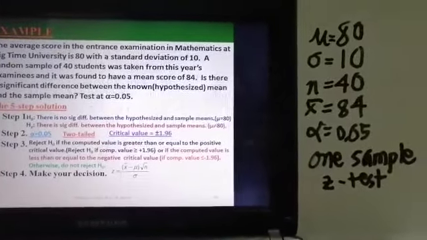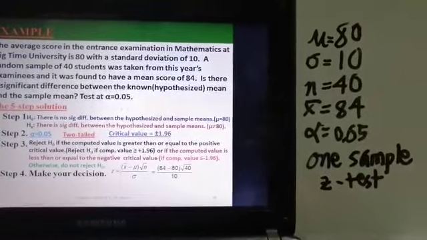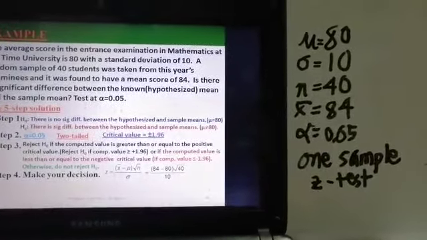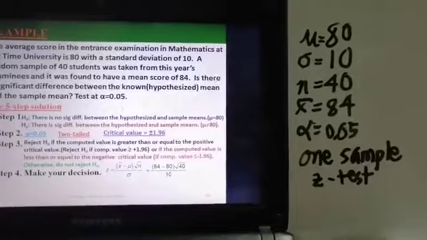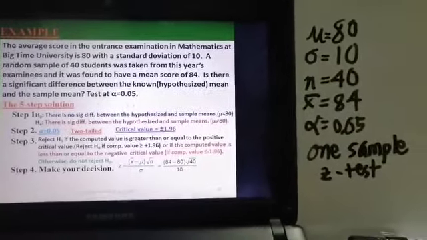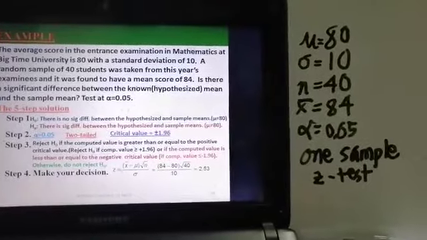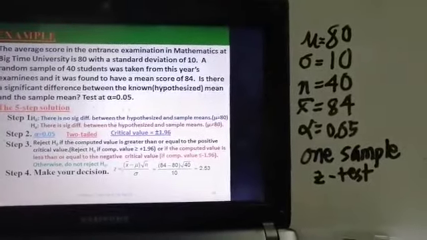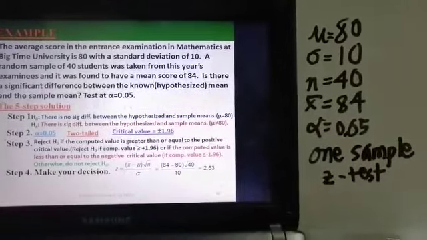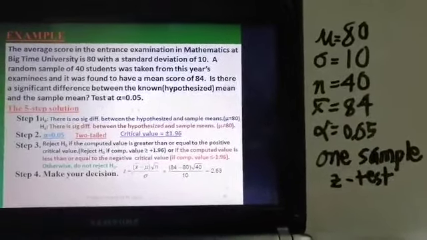That is 84 minus 80, and our sample size is 40, divided by our sigma 10. If you are holding your calculators right now, you will get 2.53.